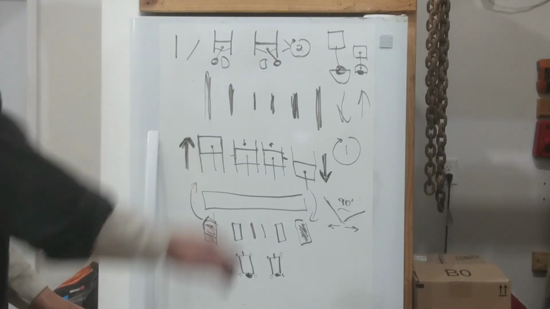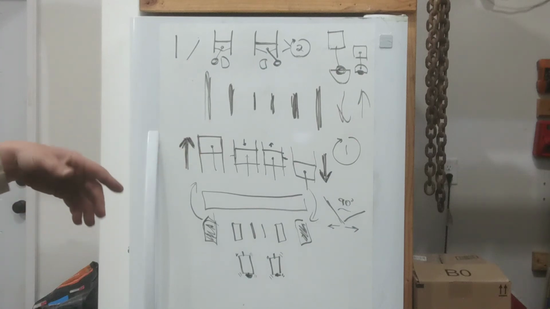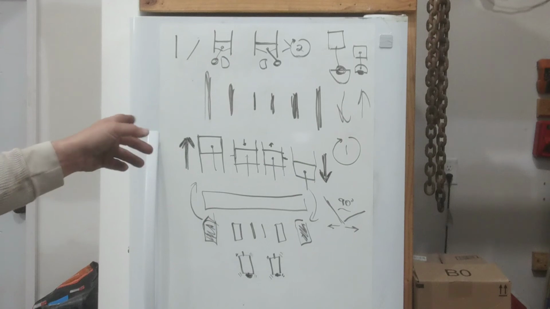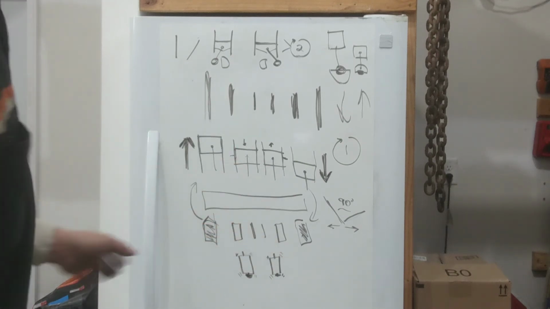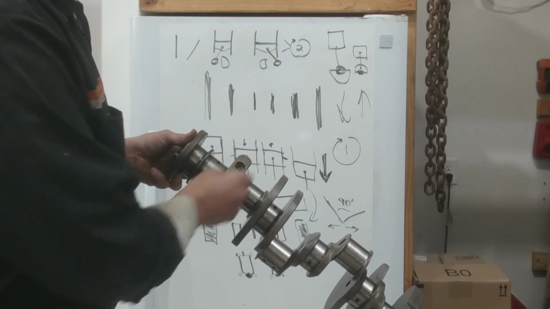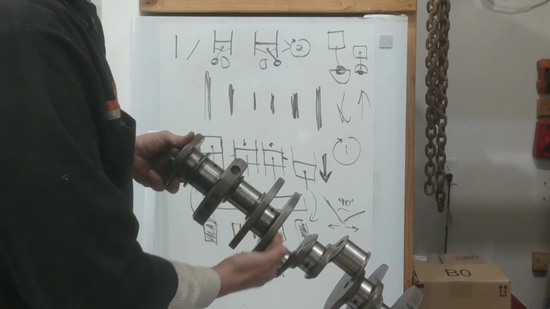But it goes a lot deeper when you get into, say, a flat plane crank. It gets rid of that rocking couple, and that's why they have smaller fillets at the ends. These counterweights here, they're just as thin as this.